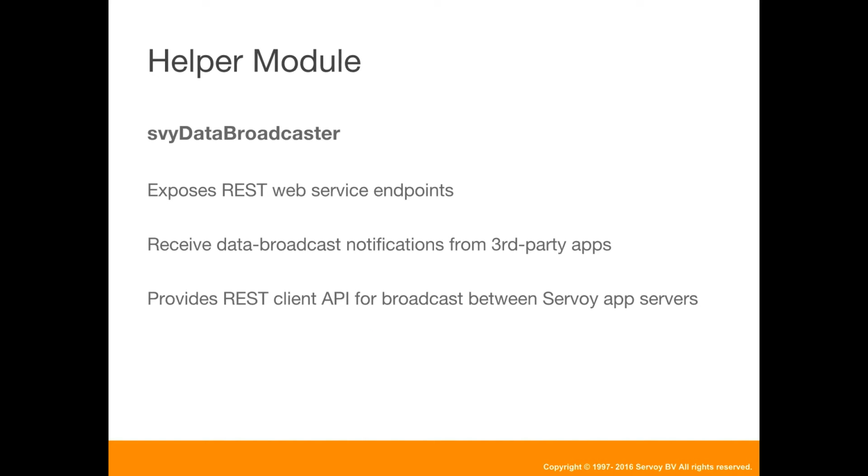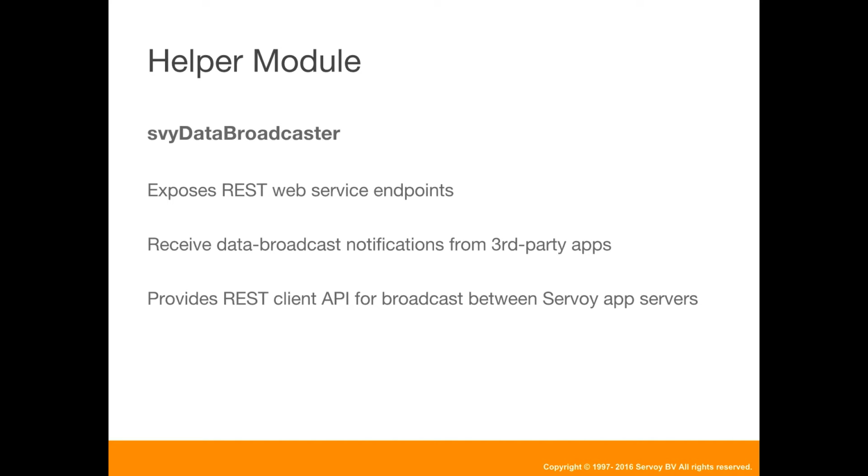So I mentioned this helper module. It's called the svyDataBroadcaster, and really what this does is, you don't even have to include it in your application. You just have to import it to your app server and run it, and it exposes some REST endpoints that can receive data broadcast notifications from these third-party applications.